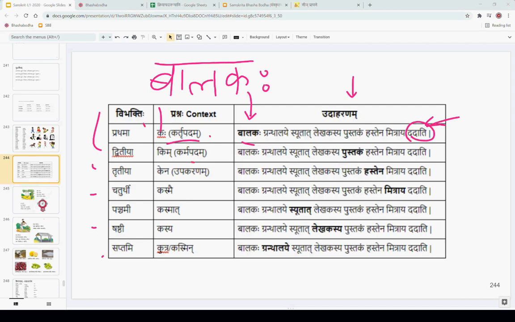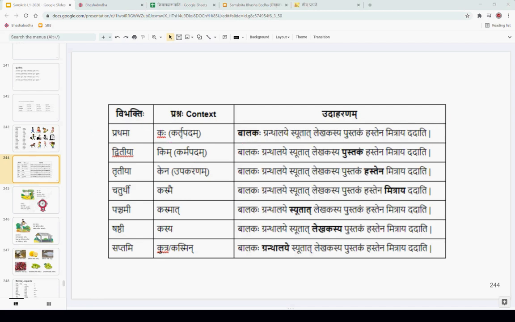So it can be kartrupadam, it can be karmapadam, and so on. We looked at Prathama Vibhakti, and we looked at Shashti Vibhakti: Lekhakasya, Kandukasya, Jalasya, etc. We looked at the Shashti Vibhakti forms also.